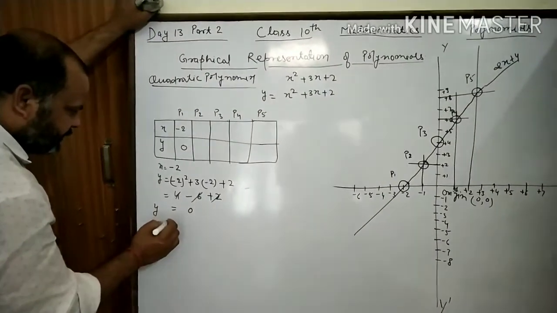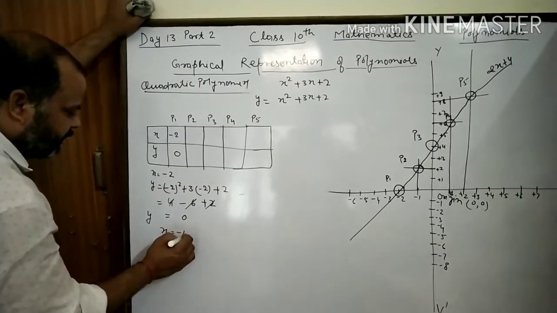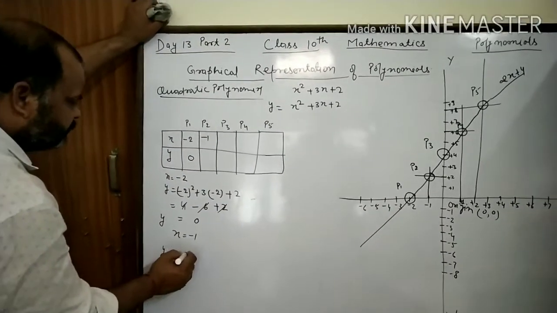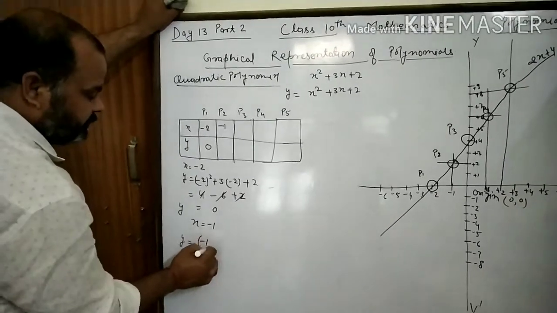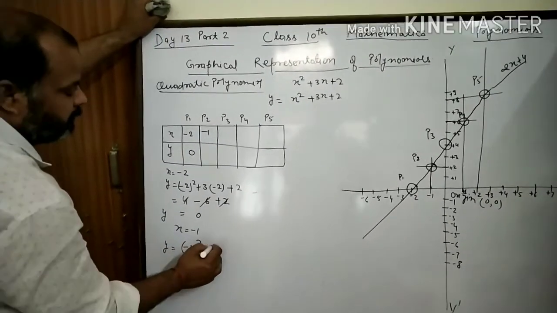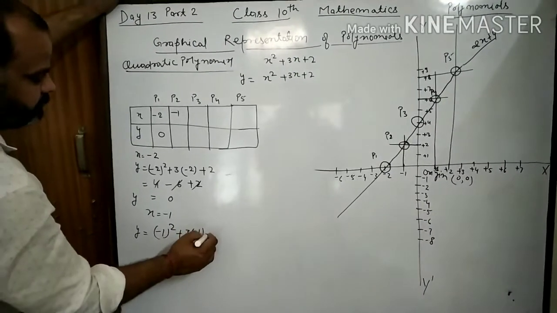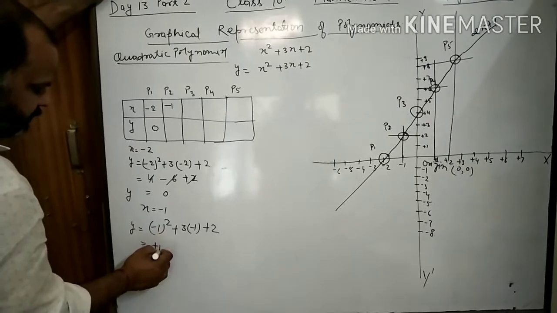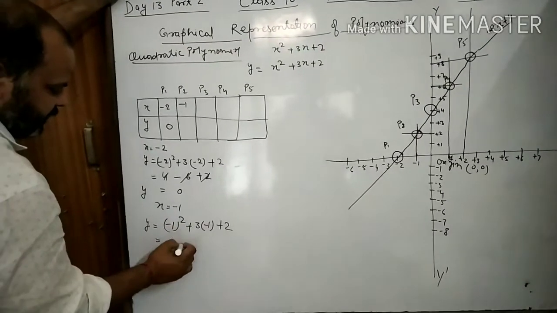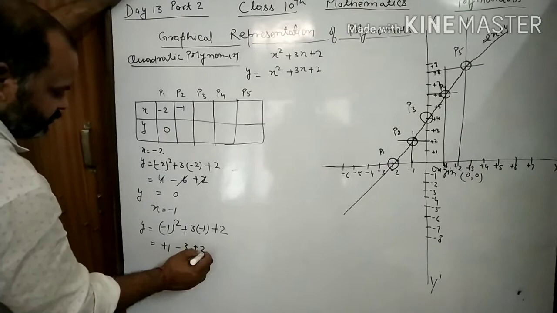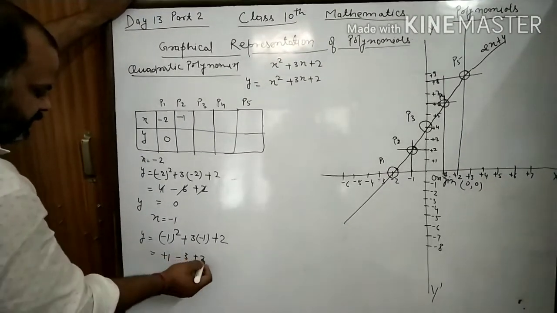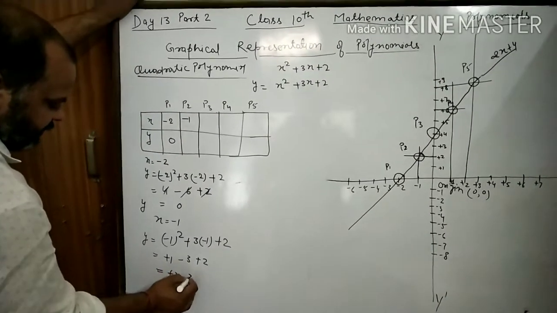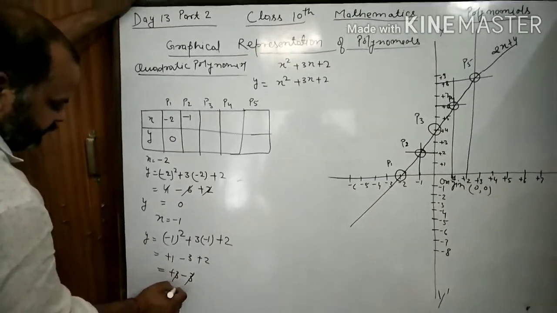Then after that, x is equal to minus 1, then y is equal to minus 1 square plus 3 into minus 1 plus 2. Minus 1 square is equal to plus 1, and plus into minus, minus 3, and plus 2. Clear? Here plus 1 and plus 2 means plus 3, minus 3, both are cancelled, it will be 0.